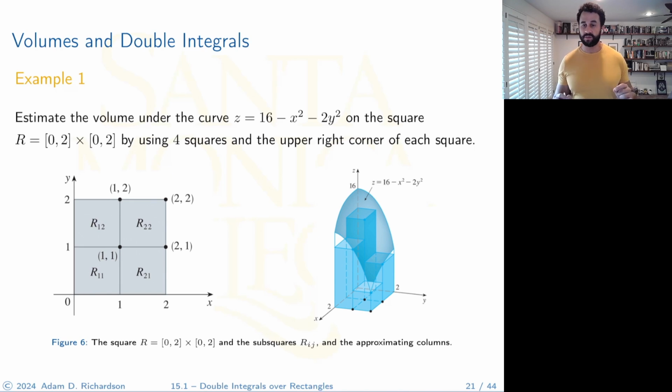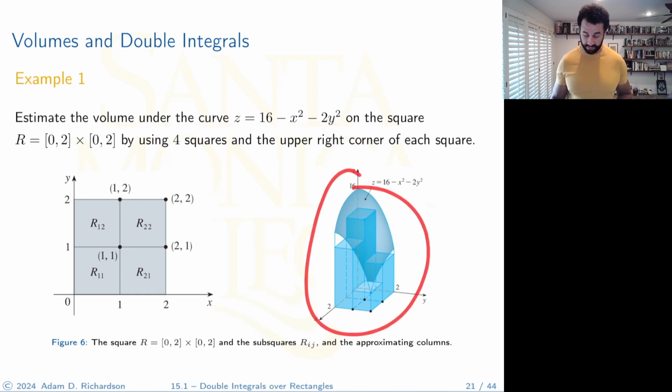And then what we're going to do is pick these sample points in our subsquares, and that's where we're going to evaluate the function, this function f of x, y equals z. So we're going to take this point and plug it in, this point and plug it in, this point and plug it in, this point and plug it in. There we go. And this is what it looks like three-dimensionally.